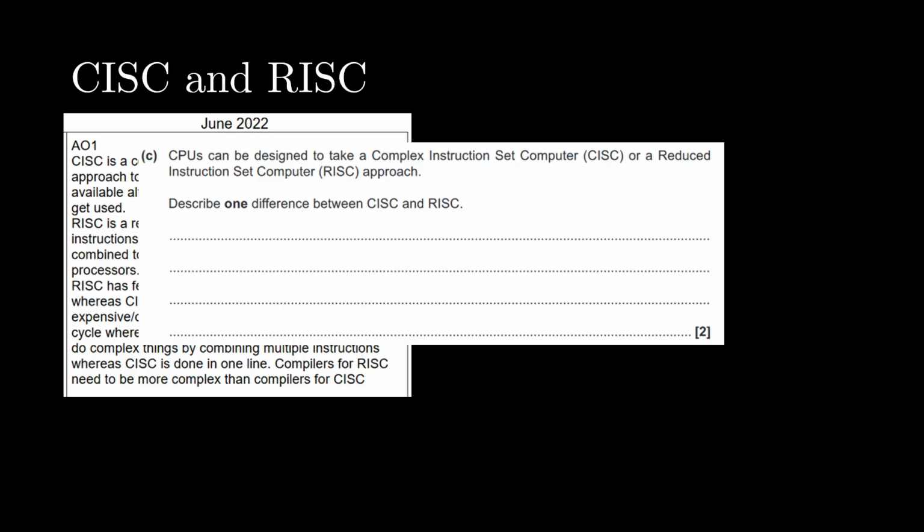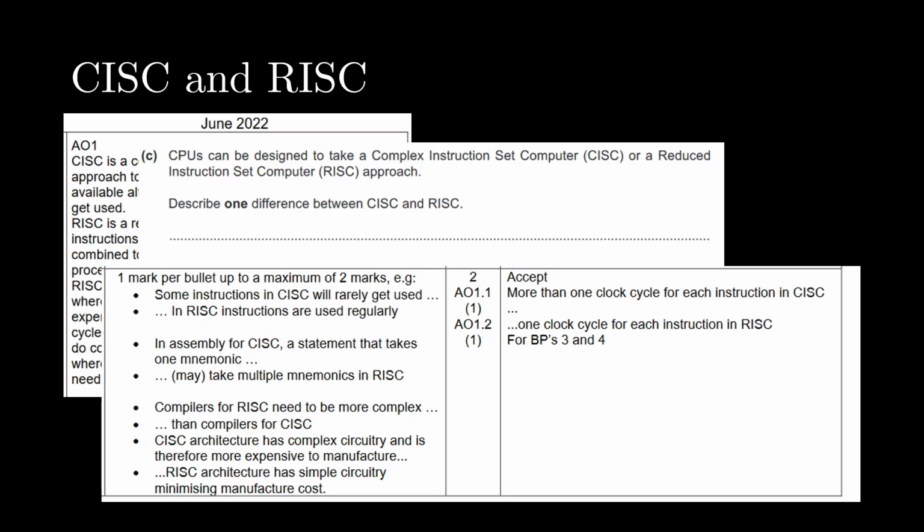Anyway, here's an exam question on CISC and RISC. Describe one difference between them. Most of these points we already said. Some instructions in CISC will rarely get used, while in RISC instructions are used regularly. And then also in assembly, in CISC a statement takes one mnemonic, whereas it may take multiple mnemonics in RISC. This goes back to the 5 times 5 example again.